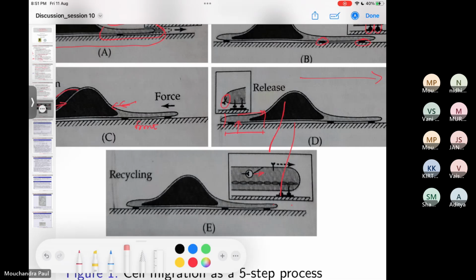After adhering, the cell will generate a contraction force, and due to this contraction force, the rear end will get released, and the cell has moved some distance forward. After the release, all the integrin molecules present at the rear end are recycled and transported to the front end, and this process will repeat and repeat until the cell reaches its destination, where it wants to go.